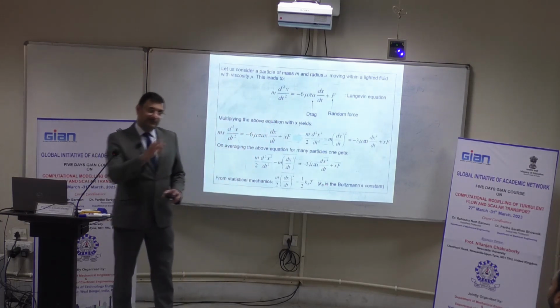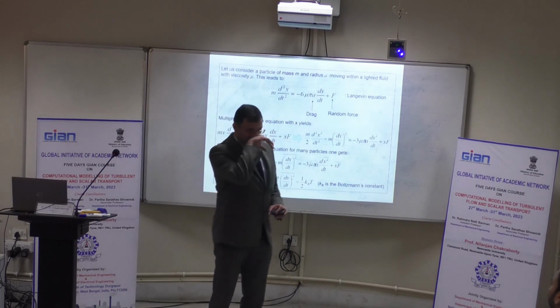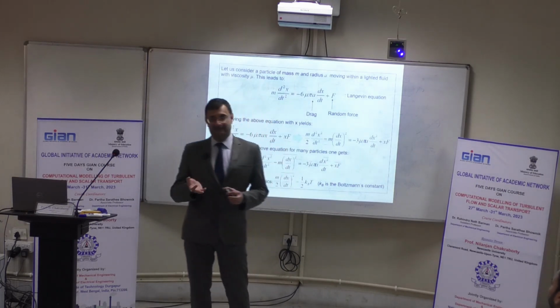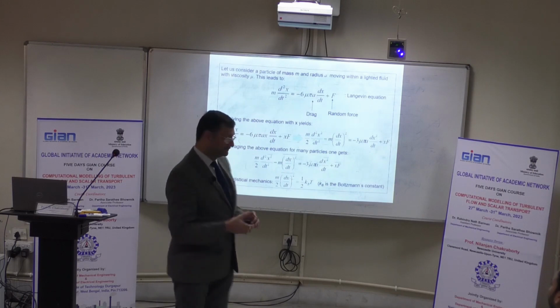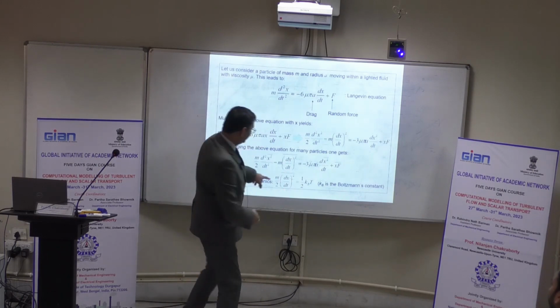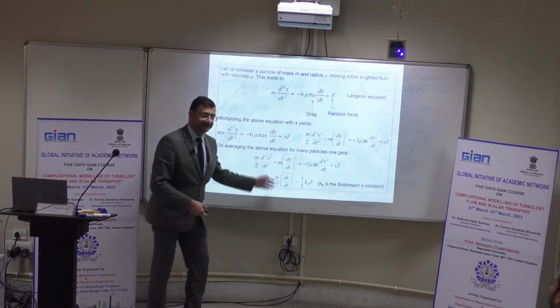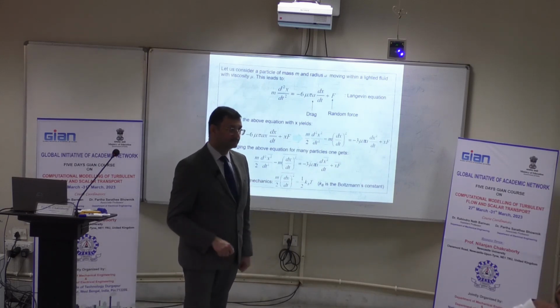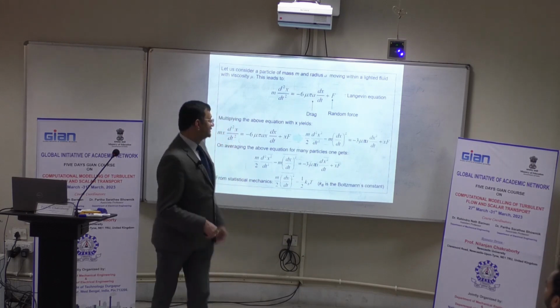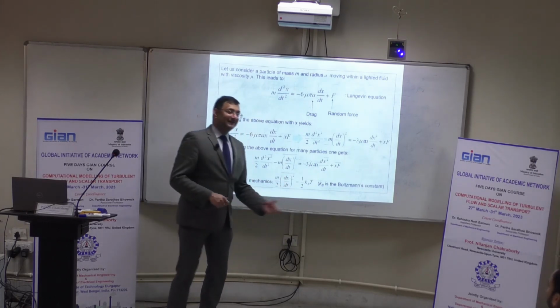In the context of continuum mechanics, what we call temperature is nothing but a measure of molecular kinetic energy. That's where it comes from. You can see half m v squared. This is nothing but that. Clear? It depends on the number of degrees of freedom.